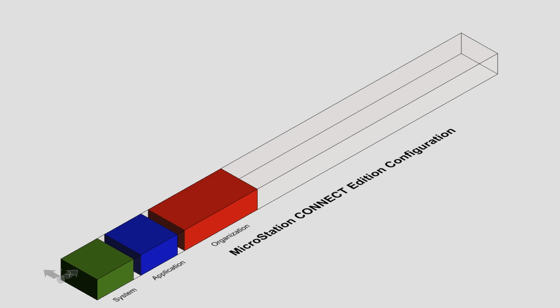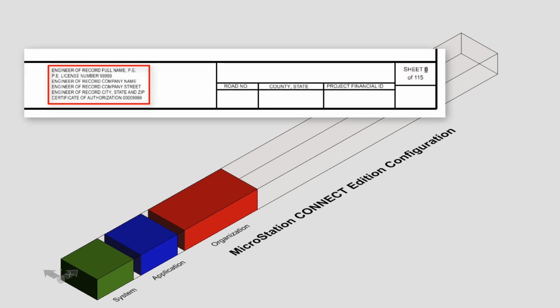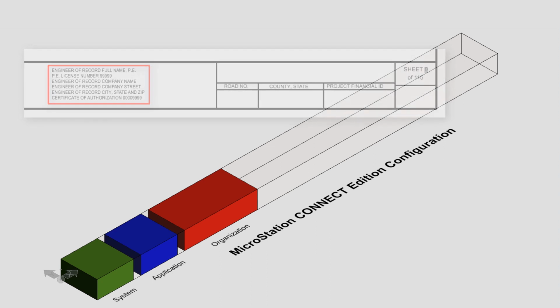This organizational level is used, for example, when you might have something that is needed across the whole company or across the whole organization. Let's say there's an engineer of record cell that must be used for all jobs or project across every client you do business with. Well, that might be an example of something that could be loaded at an organization level.